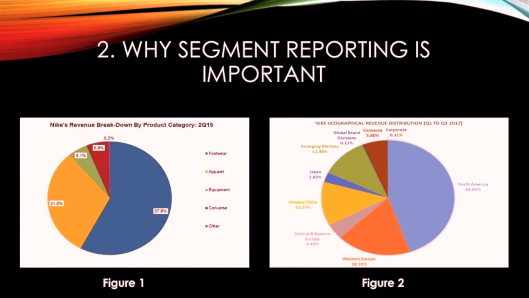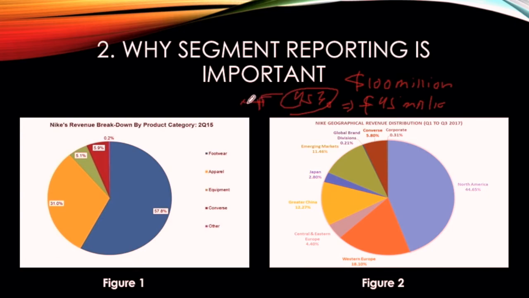Generally, we calculate the total sales of a particular industry, and we calculate the market share of the company. Suppose the total sales is $100 million, and the market share of the company is 45%, then the entity's sales within the next year would be $45 million. So this is majorly coming from this segment.